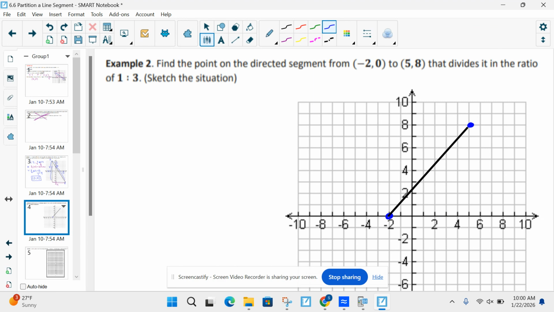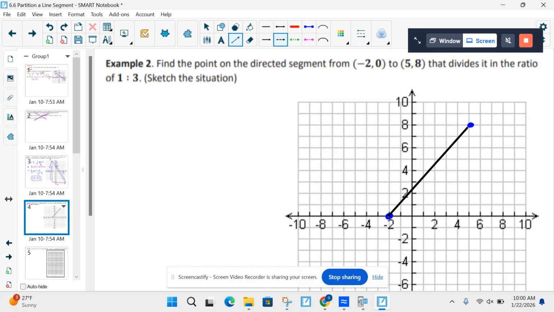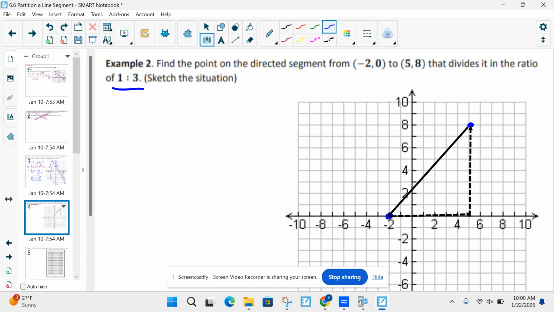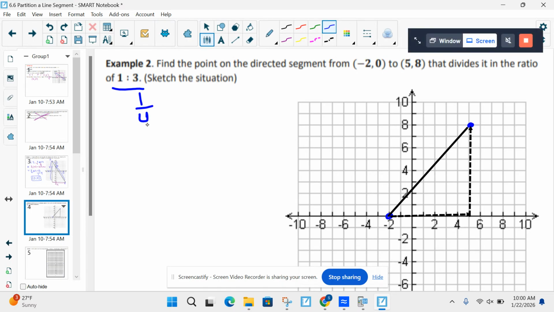But once again, I'm going to make my dotted line that goes over and up. The ratio is 1 to 3. That means the fraction I'm going to use this time will be 1/4 because the partition point will be 1/4 of the way from this point to this point if it's a ratio of 1 to 3.